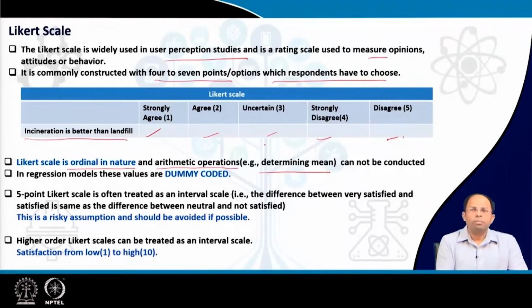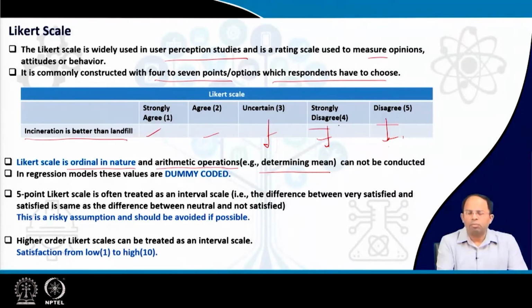Because sometimes people take ratings on a 1 to 5 satisfaction scale and then take averages of those ratings. Usually that is not allowed, because these are independent values. There is an order among them, but these are basically categorical values. Because there is an order, we call them ordinal in nature.